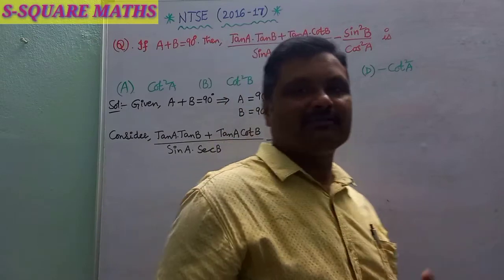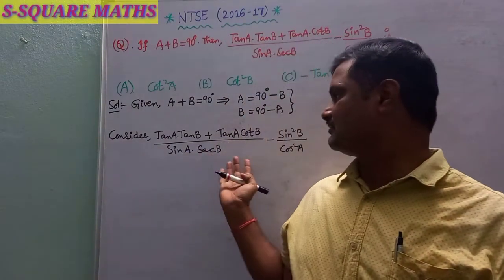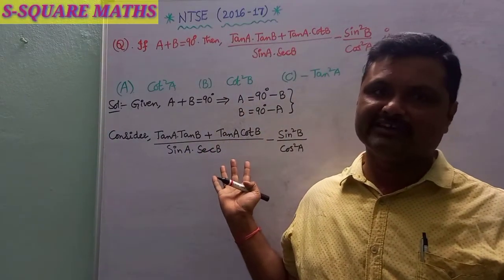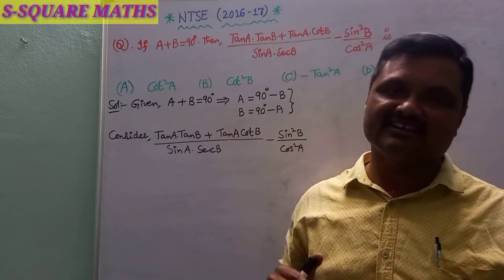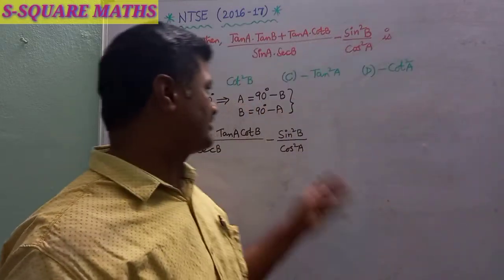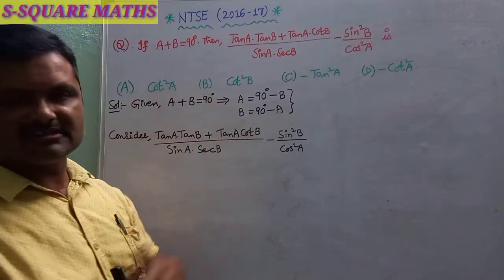So we have to determine the simplified form here. Under the condition where A plus B is 90 degrees, A is equal to 90 minus B and B is equal to 90 minus A.